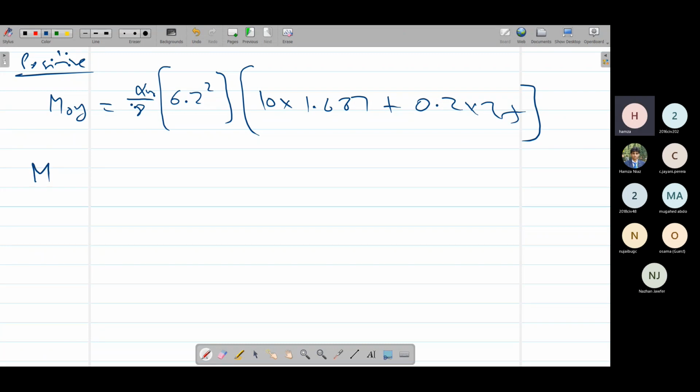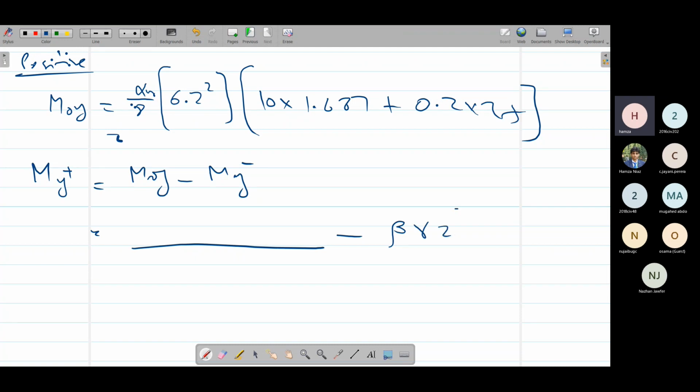Then what would be my positive? That would be M naught y minus My negative. So M naught y we have this whole thing minus M naught. This is beta times gamma Z cube. So beta we know as 0.058 CV negative, gamma we know as 10, Z we know as 1.687.